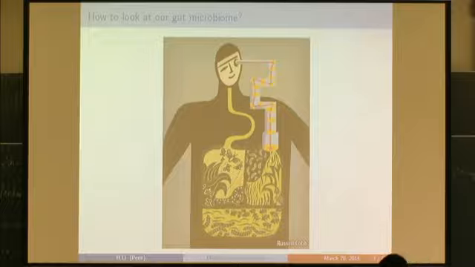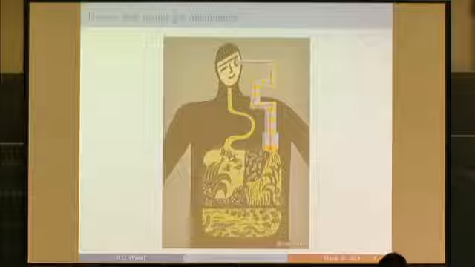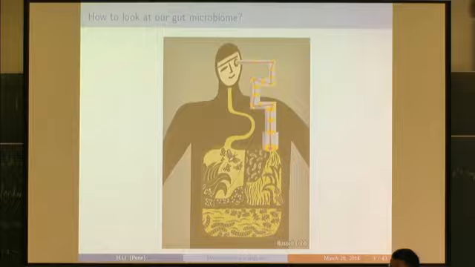So what I would like to do today is show you some of the human microbiome studies that I am involved in, and talk about some of the statistical issues.